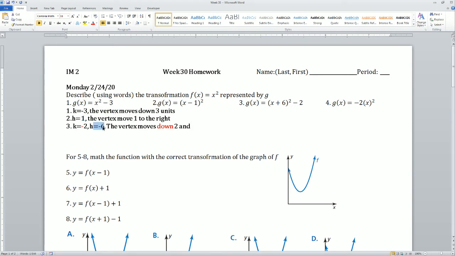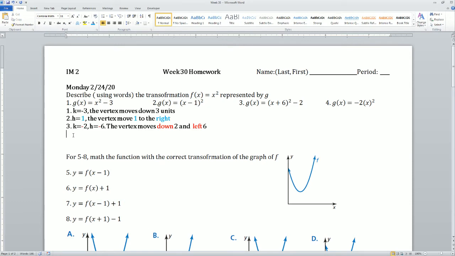This is negative 6, so it's going to the left 6, again because it's negative here. This one was a positive 1, that's why it's 1, and it went to the right.